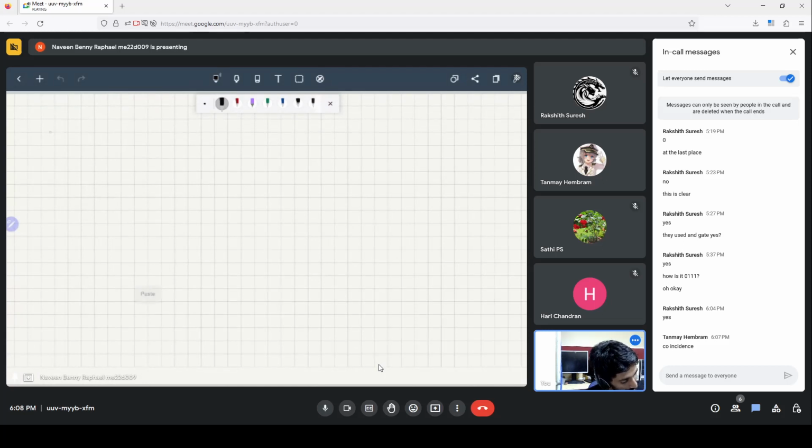Let's take 3, which is 0011, and 9, which is 1001. We can take AND of 3 and 9, and that gives us 0001, because we take AND between each of the digits.